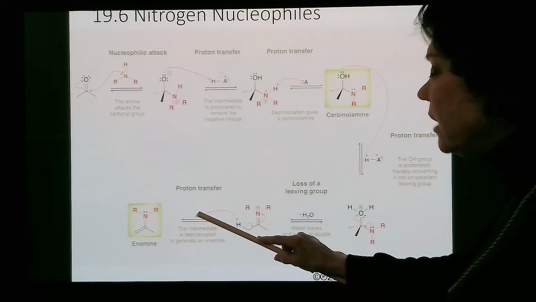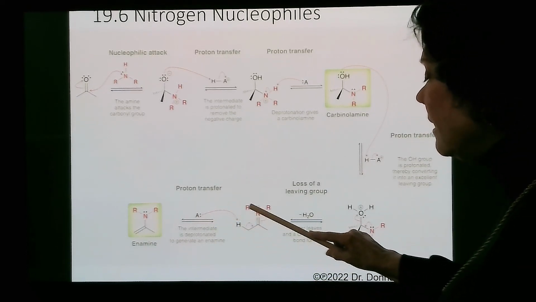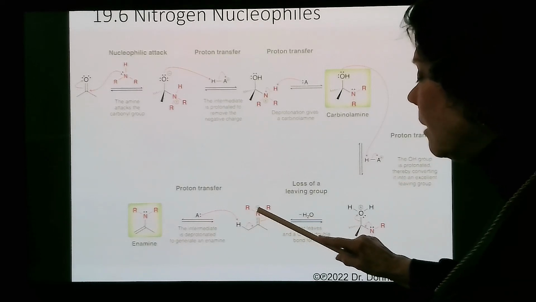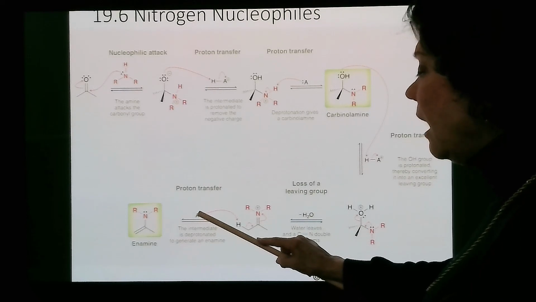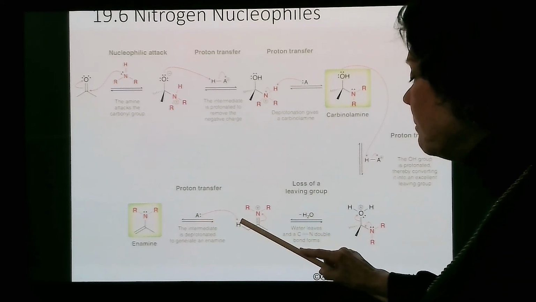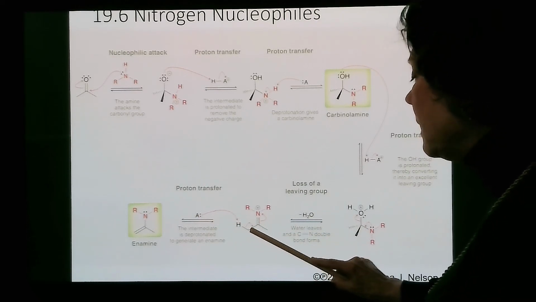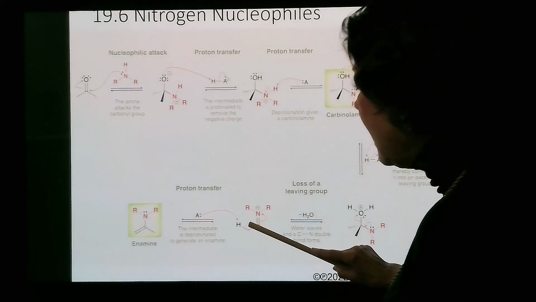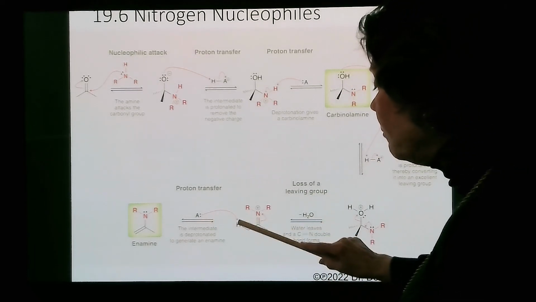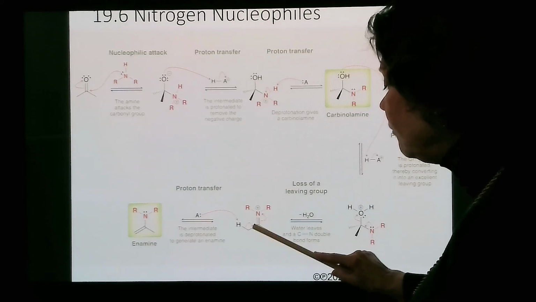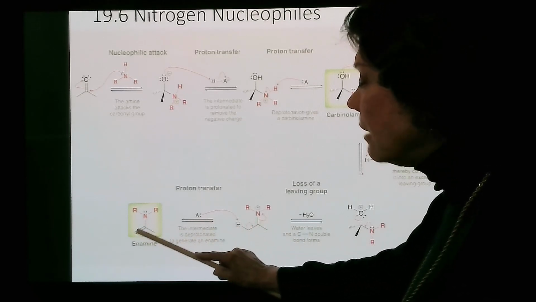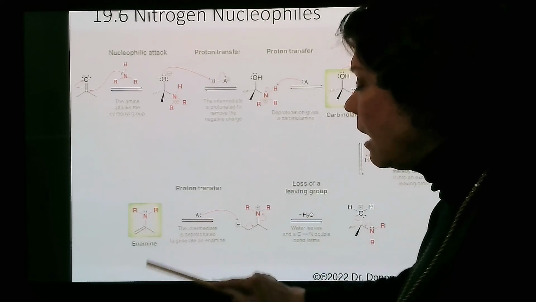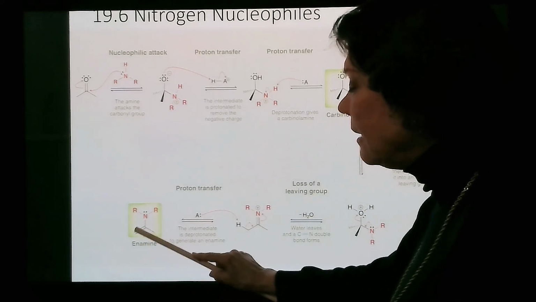And so instead of the acid coming in and removing a proton from nitrogen, what happens is the acid comes in and deprotonates at the alpha position, at the alpha carbon, and so it removes a proton, the pair of electrons moves in and forms a carbon-carbon pi bond.